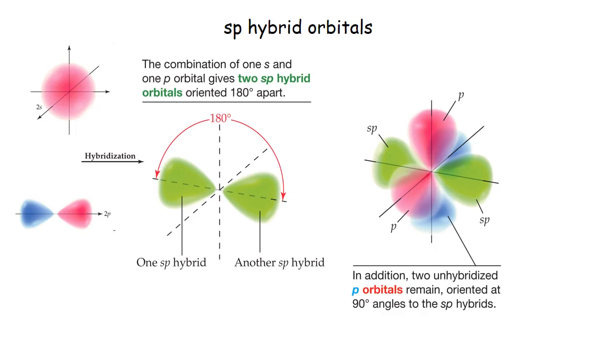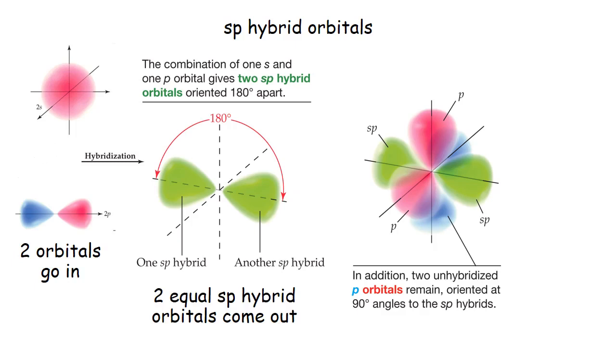And so what you see on the right is the unhybridized p orbitals that remain. The two green lobes are two different sp hybrid orbitals, and those two orbitals go in, you get two equal sp hybrid orbitals coming out. And then over here you have these two remaining unhybridized p orbitals.